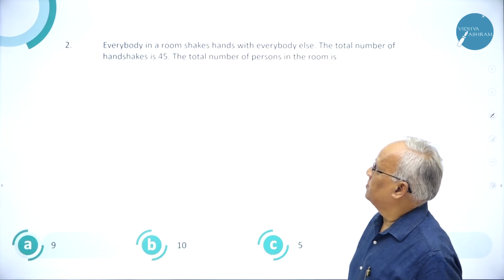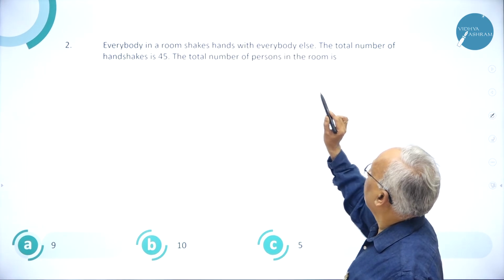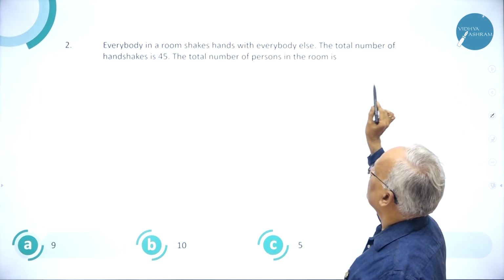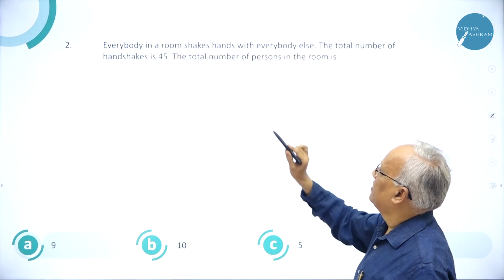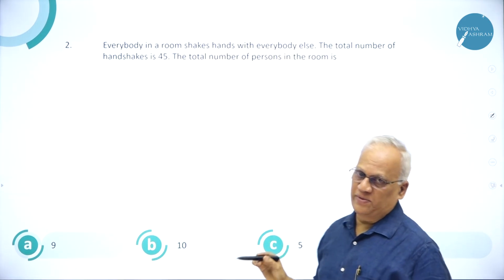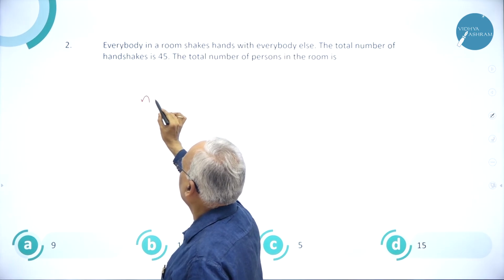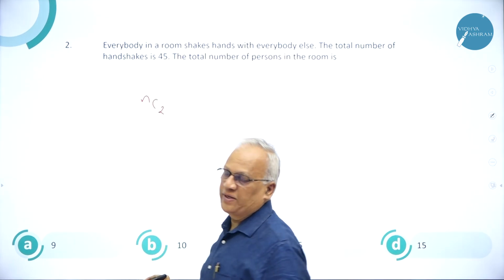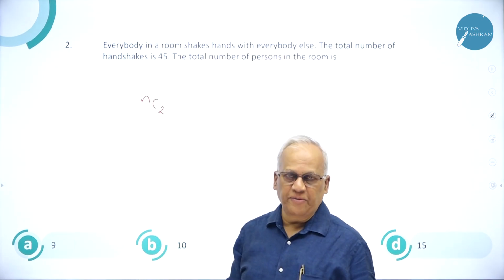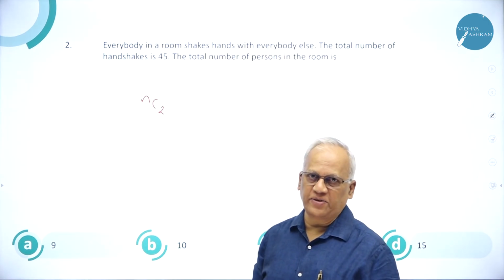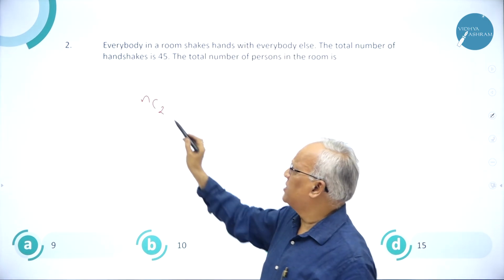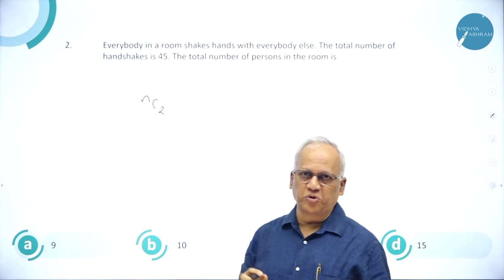Everybody in a room shakes hands with everyone else. The total number of handshakes is 45. The number of persons in the room is, so let us assume n is the number of persons. Number of handshakes is nC2 because if A shakes hands with B, B also has shaken hands with A. So it is a combination. So nC2 because shaking hands is between two persons.